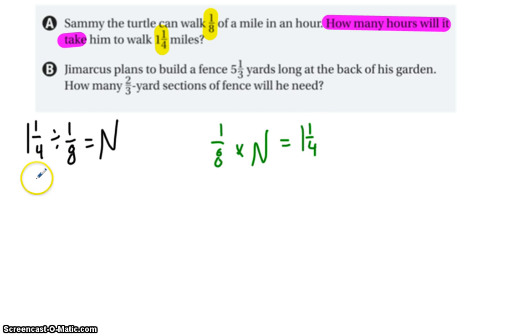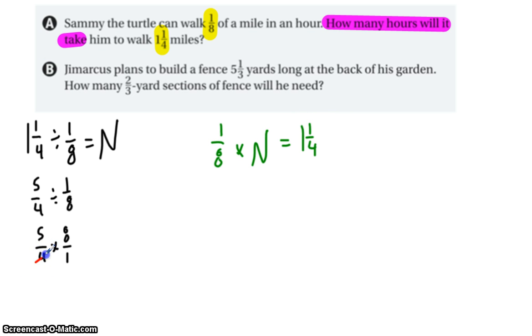So first things first, we're going to rewrite this as an improper fraction. And then because I like to multiply by the reciprocal, that's what's familiar to me, I'm going to rewrite this as 5/4 times 8 over 1. Then I'm going to be looking for things that I can cancel out. 4 and 8 share a factor of 2, and they also share a factor of 4.